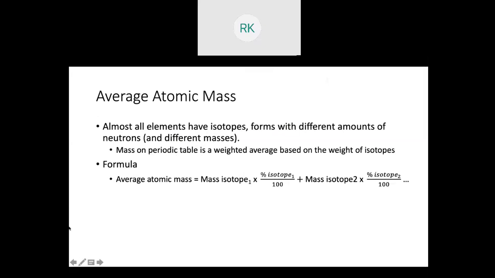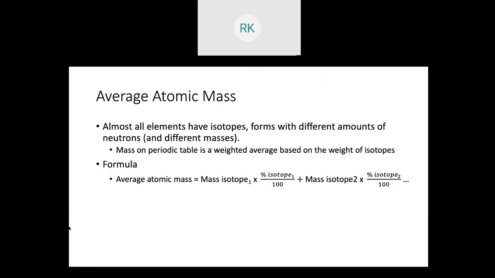Okay? And so on the last slide, I kept saying on average, a mole of carbon weighs 12.01 grams per mole. And the reason why it's not just a solid number and there are decimal places, and we say on average, is because almost all elements have isotopes. And remember, isotopes are forms of an atom with a different number of neutrons, right?